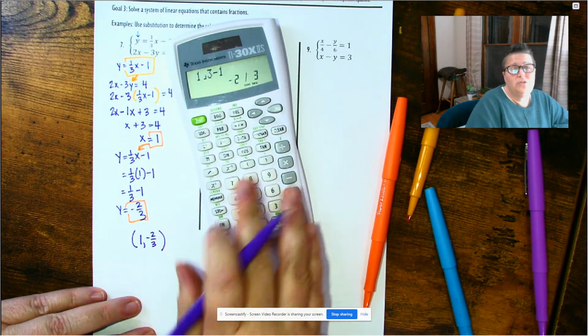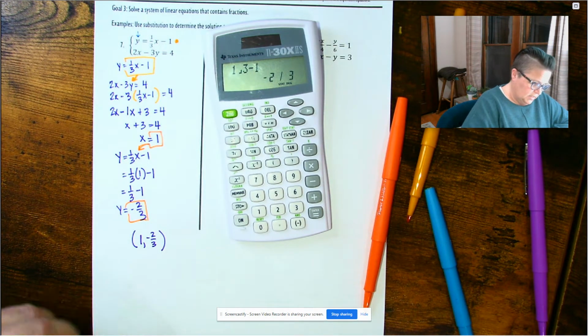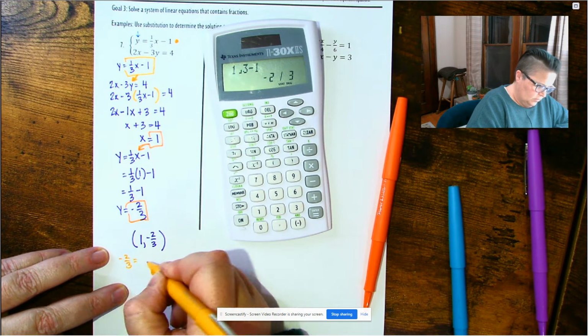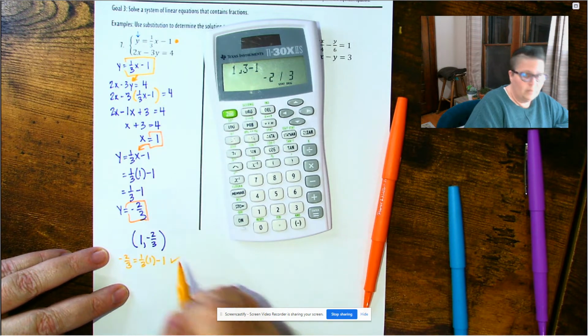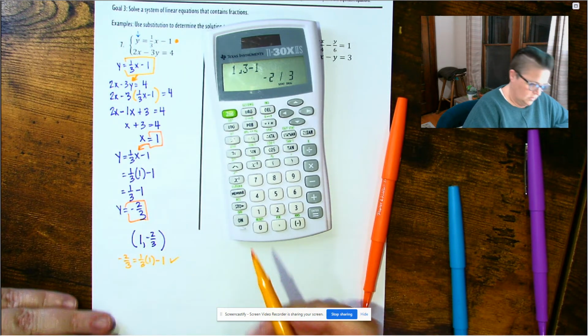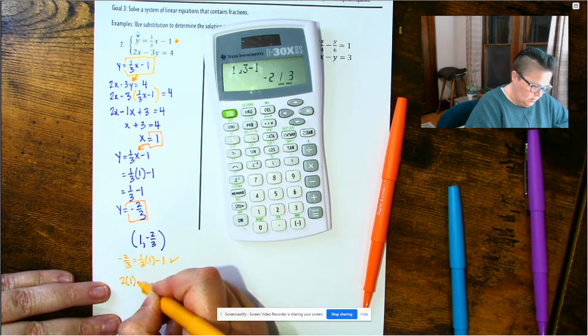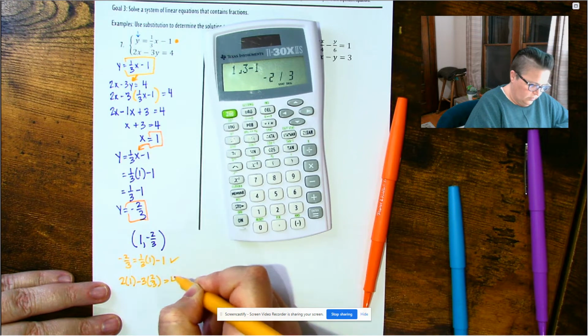I then want to check. So if I'm checking in the first equation, is a negative 2/3 equal to 1/3 of 1 minus 1? Well, we already checked that. We know it works. What about the second equation? Is 2 times 1 minus 3 times 2/3, does that equal 4?